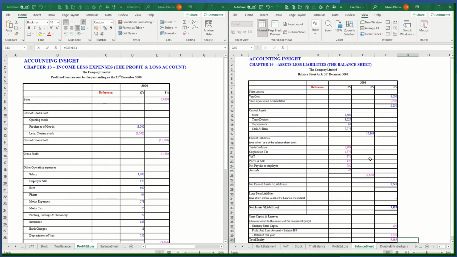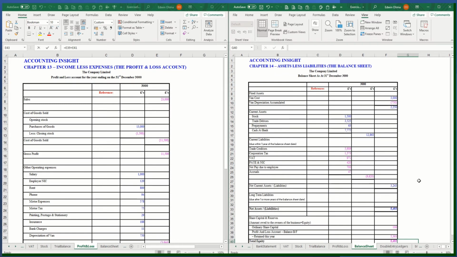A number of financial ratios can be computed to show how your business is performing. And there's an appendix in the book that will go through financial ratios for you. As you understand everything in this book, you should be able to understand what those financial ratios are telling you.